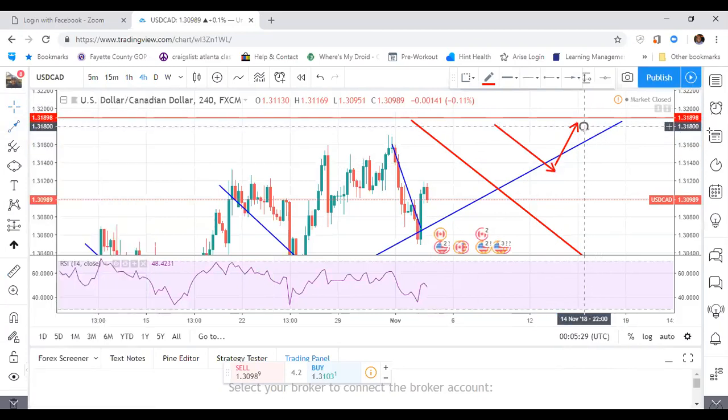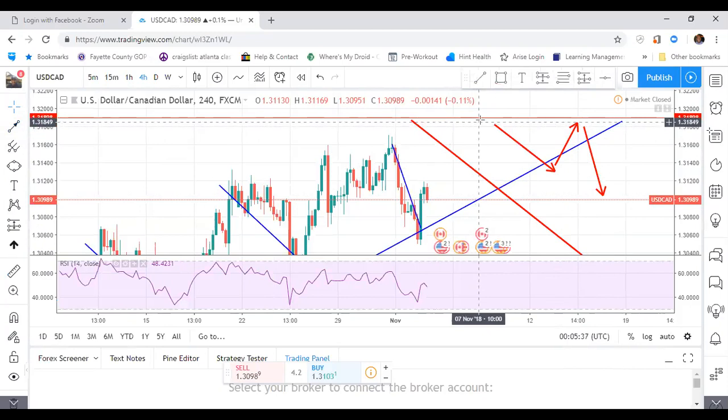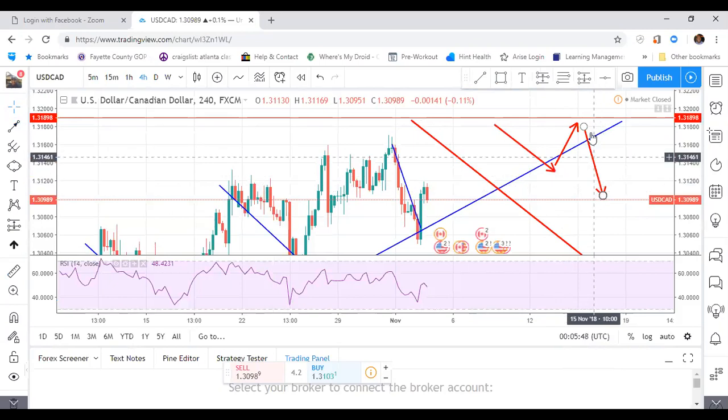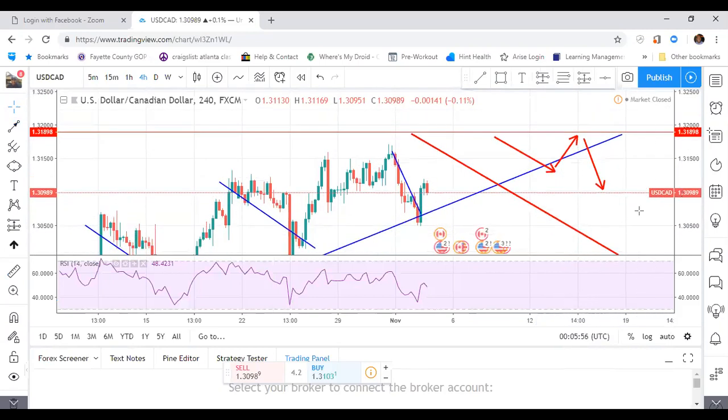And then head back downward. You're waiting for it to come up here. Then we want to see either it's going to break this trend line and go up, and it may go higher, or it may go to this resistance line and then come back down. And when it comes back down, that's when we want to enter into this sell. And we ride it down for those 200 plus pips.